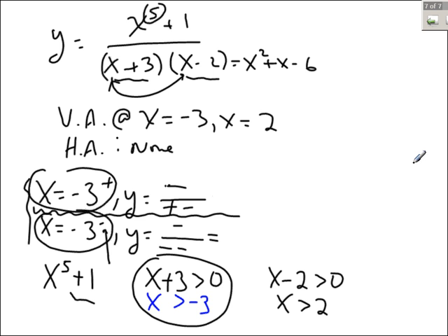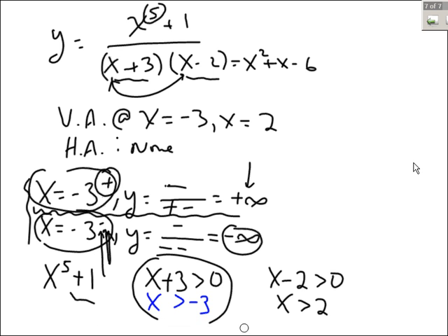The overall sign is positive on top and negative on the bottom. When x is near -3 but a little bit more, then y is going to be near positive infinity. If x is near -3 but a little bit less, then y is going to be close to negative infinity.